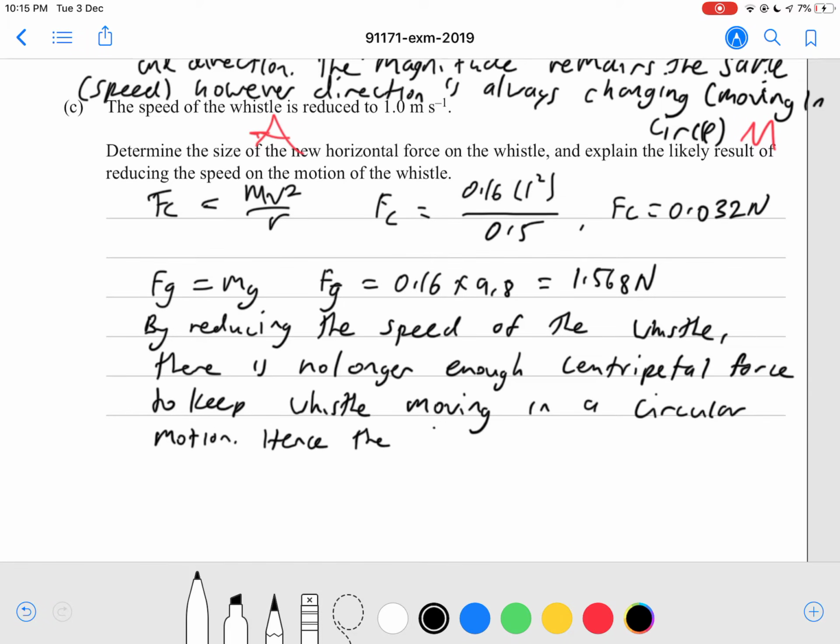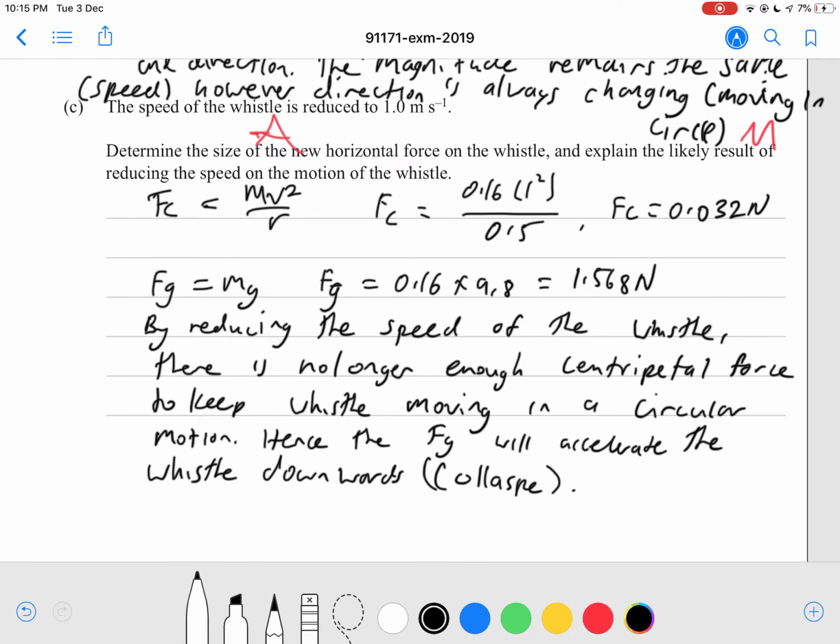Hence, the F of G will accelerate the ball. It's not a ball, sorry, it's a whistle. Hence, it will accelerate the whistle downwards. So basically, you can say that it will collapse. And that should be your answer for this question.